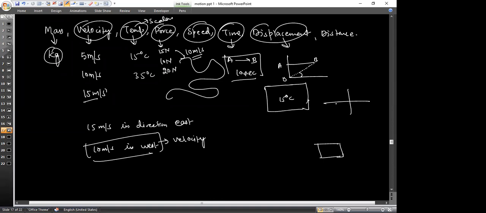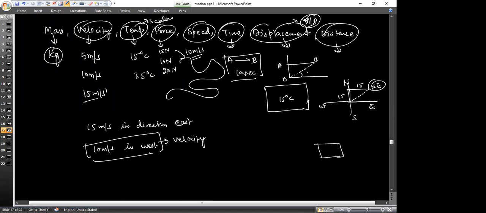We can write east, west, north, south. Let's say this is north and this is east. First it travels 15 meters north and then 15 meters east. So you can find its displacement direction, and that will be northeast. You can say the object is in the northeast direction. So displacement has both magnitude as well as direction, but distance does not have any direction.